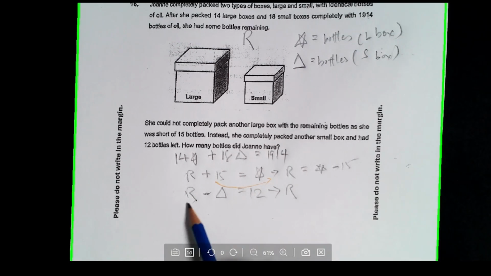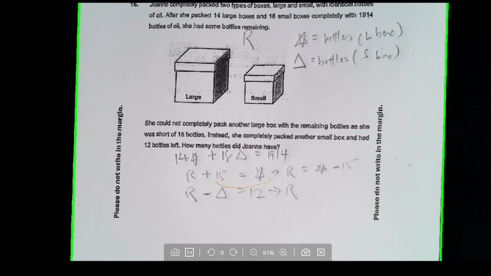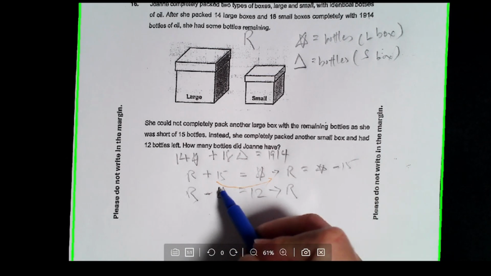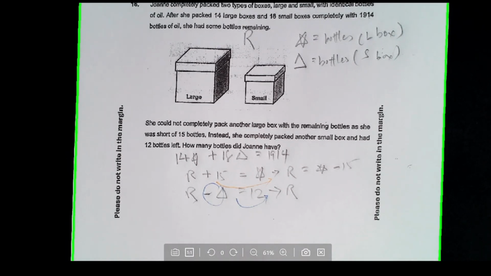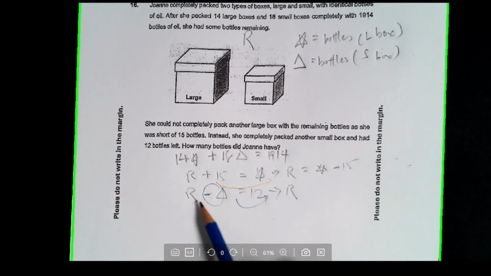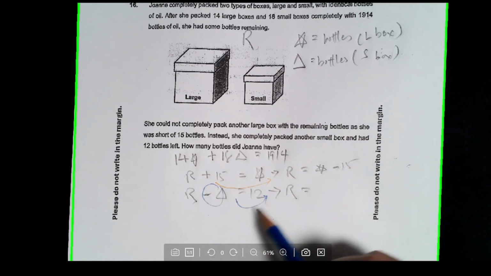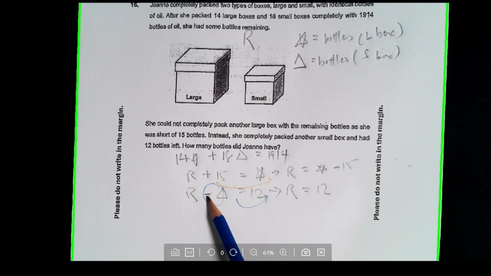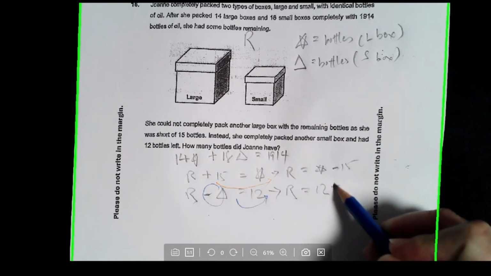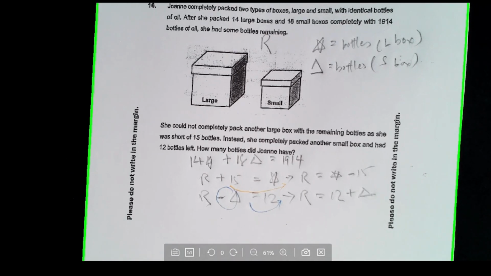So this one will become R, I'm keeping R here. The triangle is going to jump to this side. Minus, if you jump across, so you get 12. 12 just copy. Minus, if you jump across, will become a plus. Plus triangle. Okay, so far?